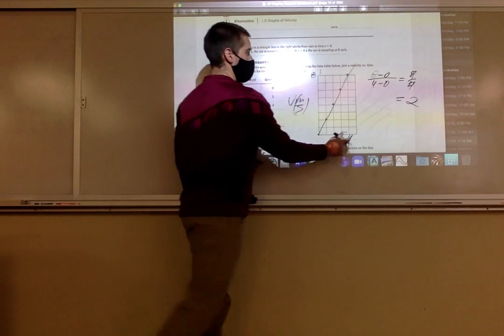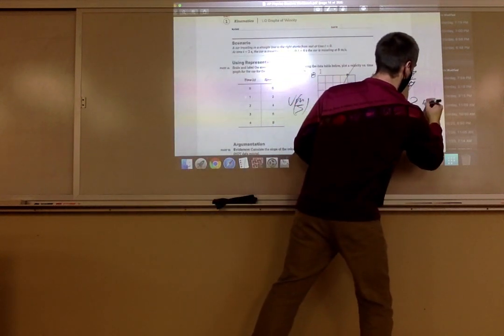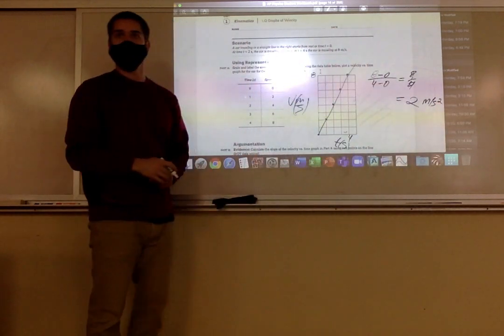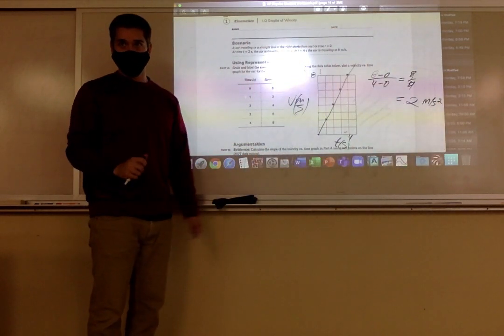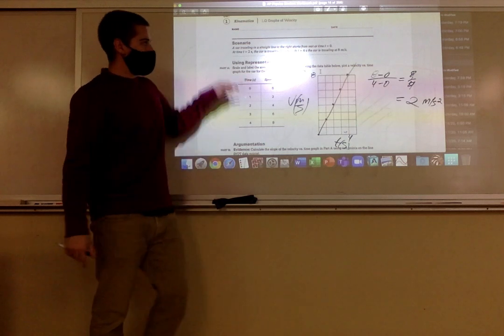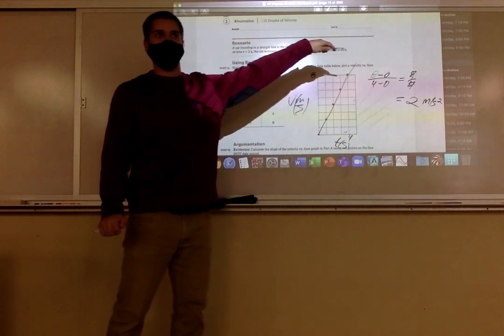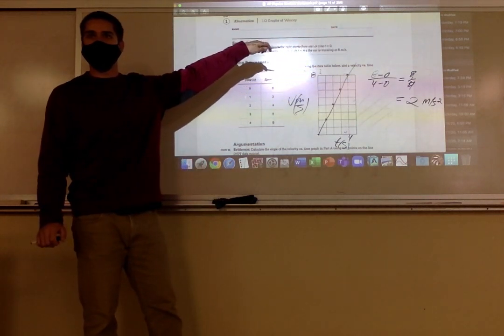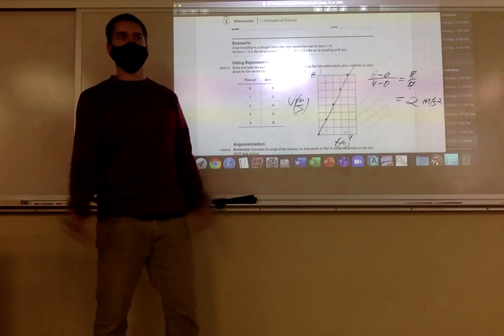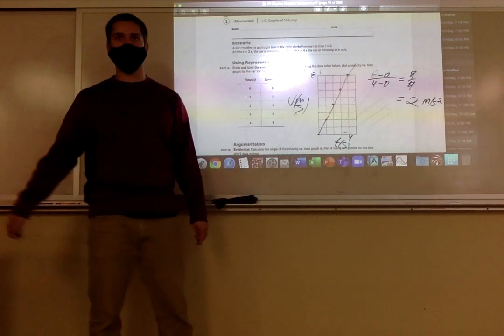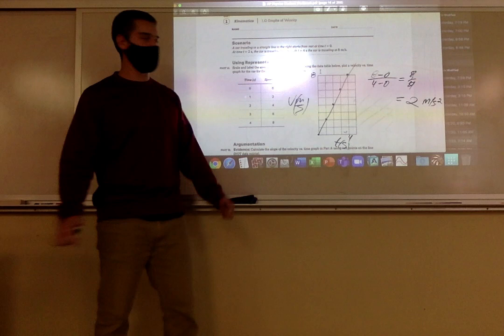Rise over run. That's the acceleration. On the previous example, it was a flat line. The slope's 0. There's no acceleration. The velocity doesn't change with time. Well, duh, it just said it went 5 meters per second the whole time. Go figure.